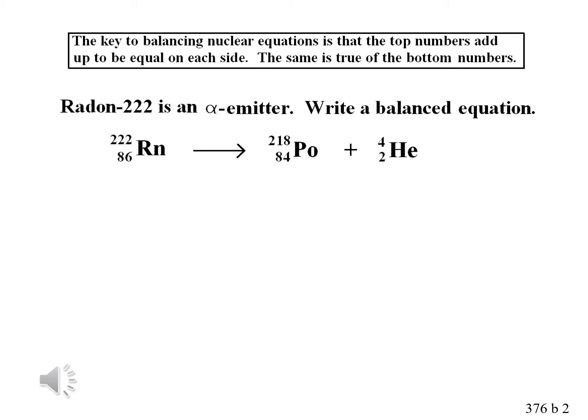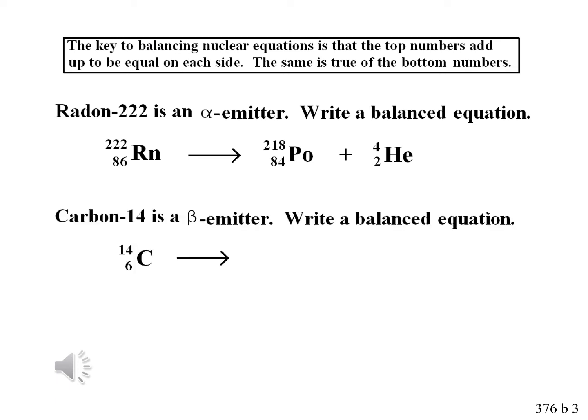Madame Curie and her husband Pierre are usually given credit for discovering radium, which is the famous one, but the one that they actually discovered first was polonium. And because Madame Curie was Polish, she came from Poland, that element is named after the country of Poland, polonium.